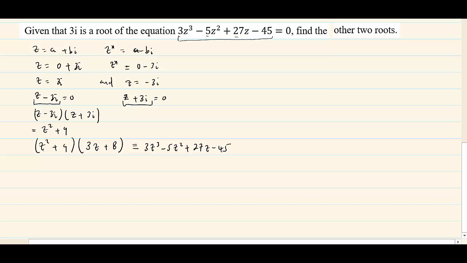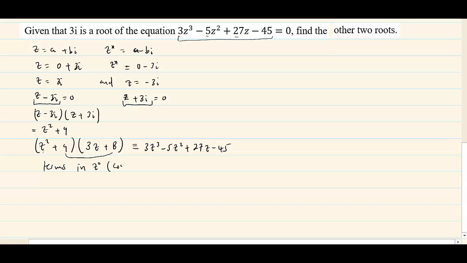By comparing coefficients, you can see that the z squared multiplied by the 3z will give me 3z cubed. I'm looking to find b, so I'm going to compare the constant terms, the terms in z to the power of 0.